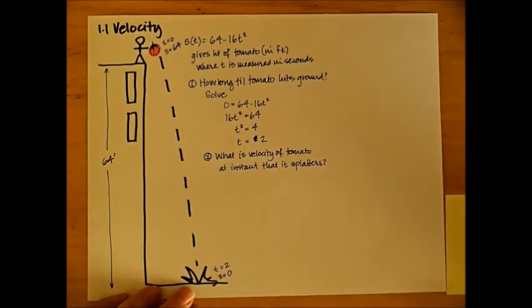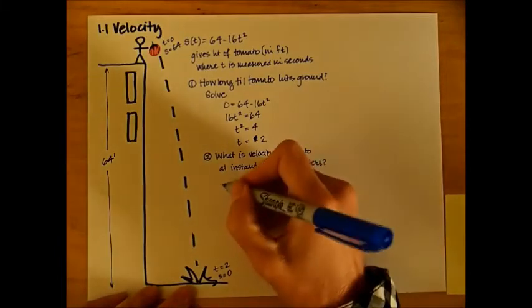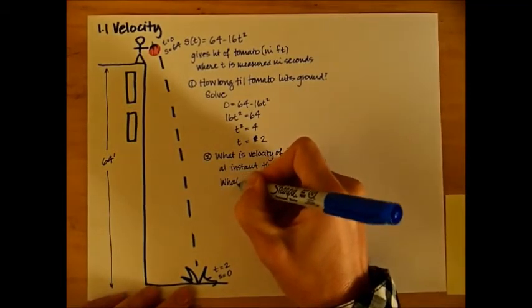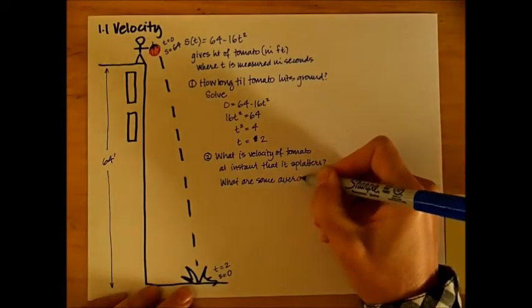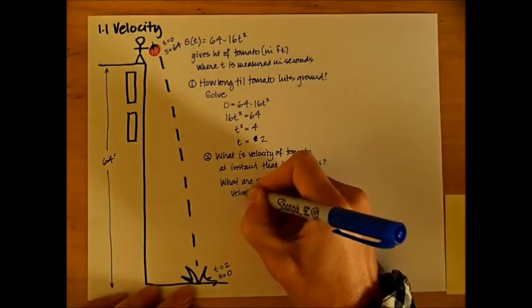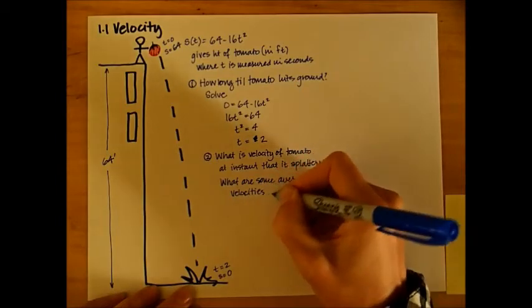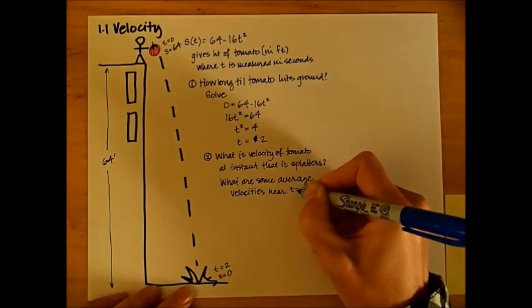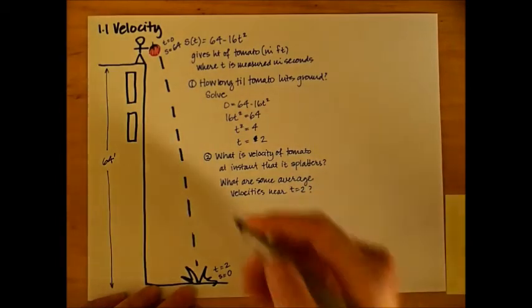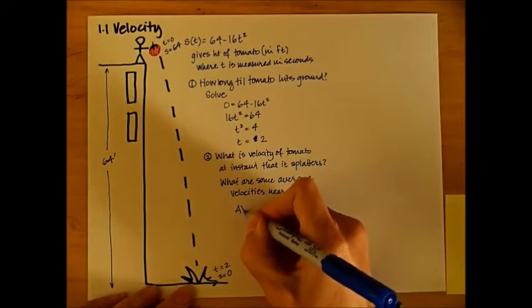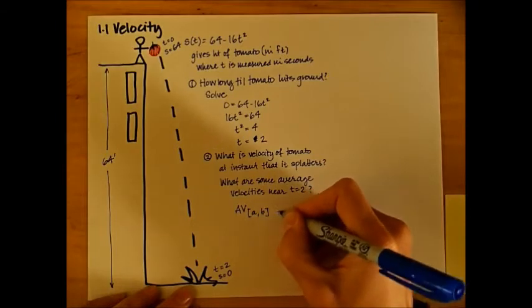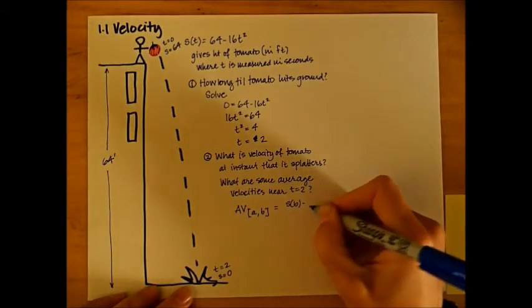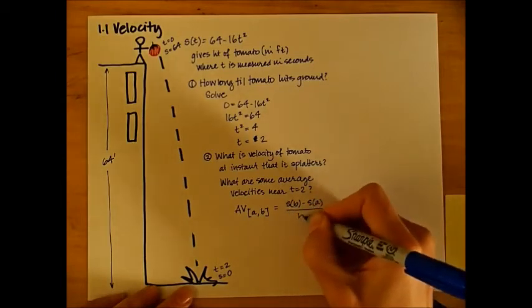We don't really have the tools to answer the question, but what we can do is examine some average velocities near t equals 2. If you recall from the reading, the average velocity between t equals a and t equals b is given by s of b minus s of a all over b minus a.